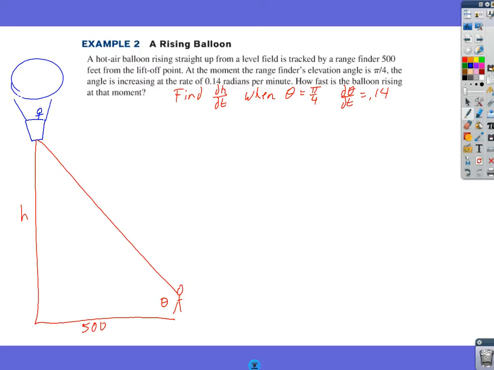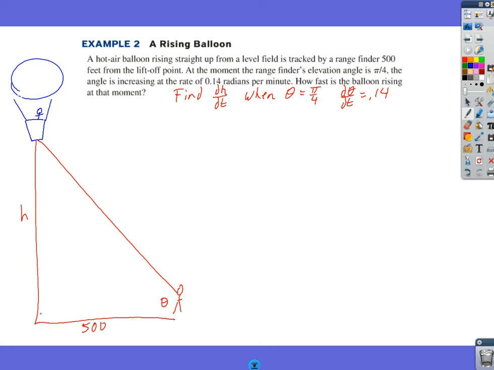Notice the 500 is labeled 500 because he's 500 feet away from the launching point. That's not changing. Now notice theta is not labeled pi over 4, because that's only for that one instant. As the balloon's going up, theta is going up. And my height of the balloon is changing, so I need to put a variable with it.